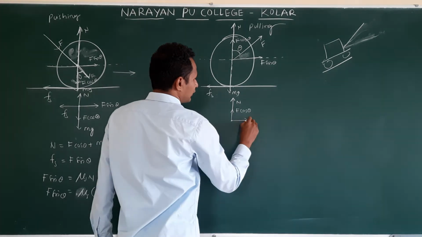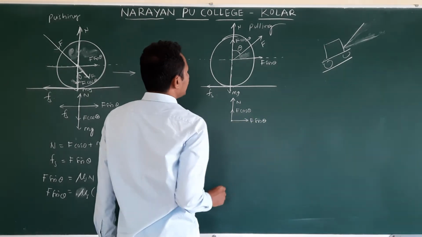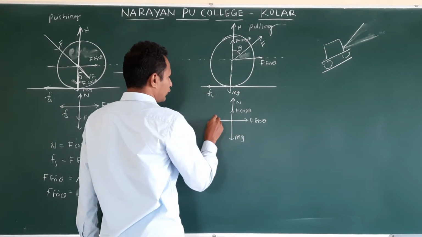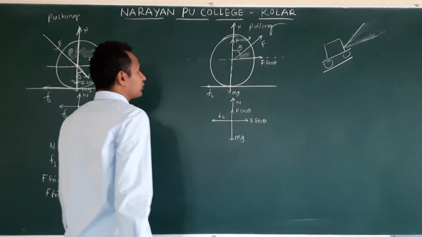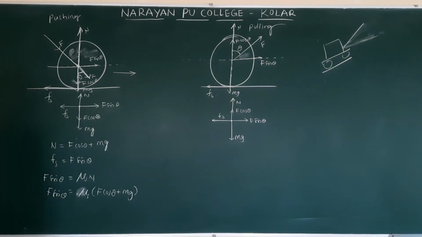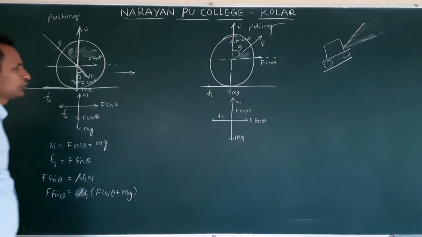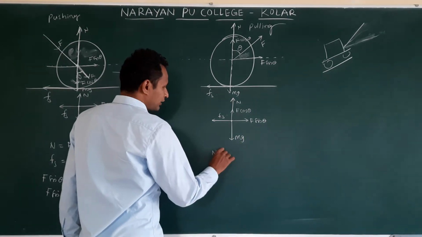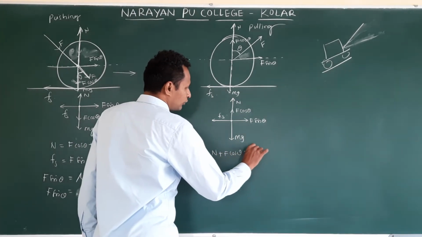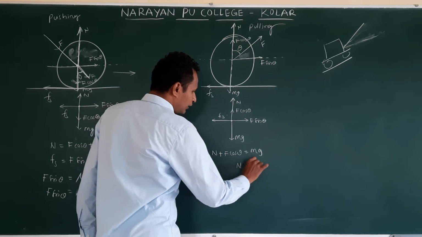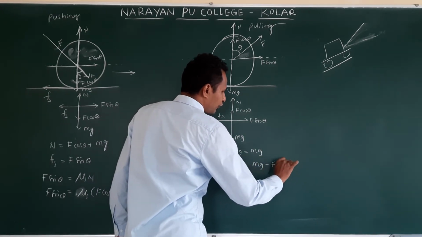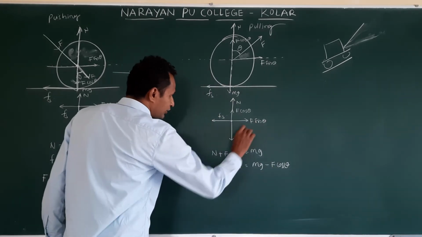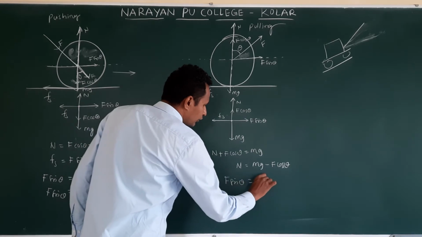Next, this is F sin theta, mg downwards, friction this way. Okay. Now along the y direction, N plus F cos theta is equal to mg. Then N is equal to mg minus F cos theta. Am I correct? Then along the horizontal, F sin theta is equal to Fs.